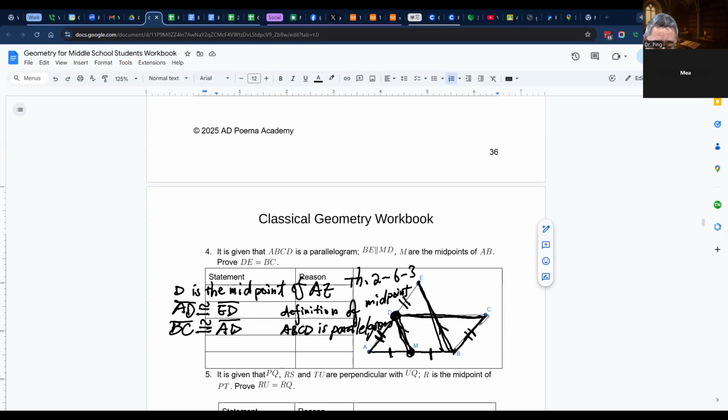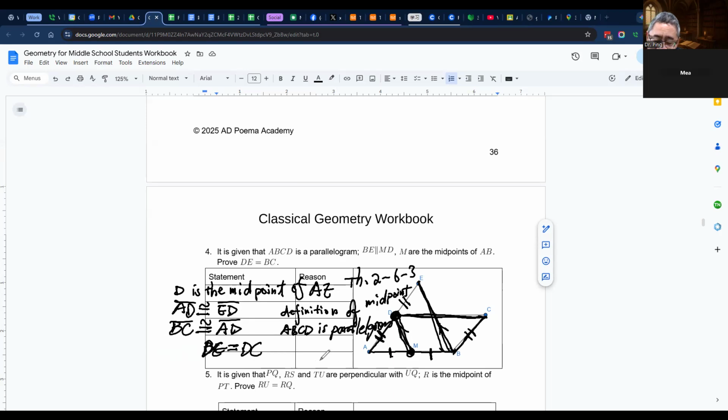Now, because BC is equal to AD, equal to DE, then we know BC is equal to DE.